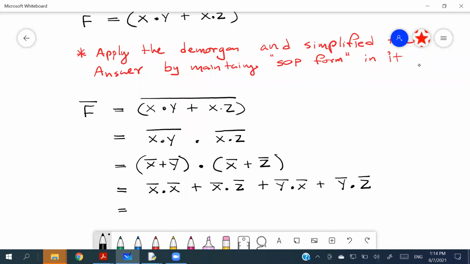So we know x bar dot x bar equals x bar.